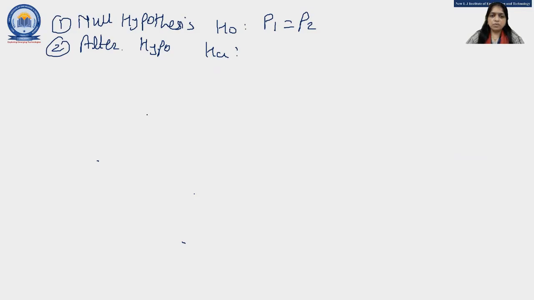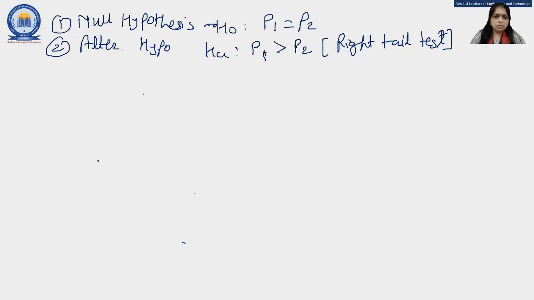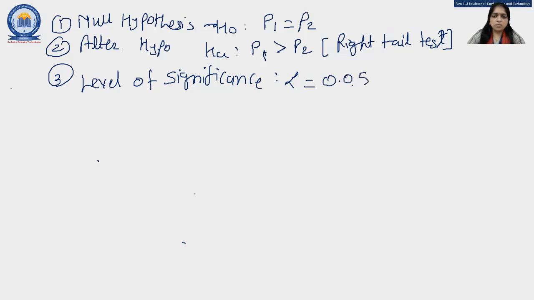It means my alternative hypothesis is P1 is greater than P2. There is a significant decrease. So here, right tail test. Now the third one is level of significance, that is alpha, and here 0.05.